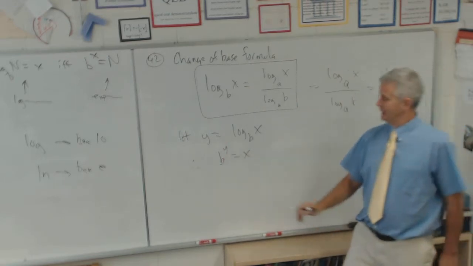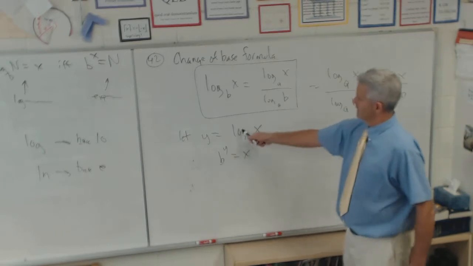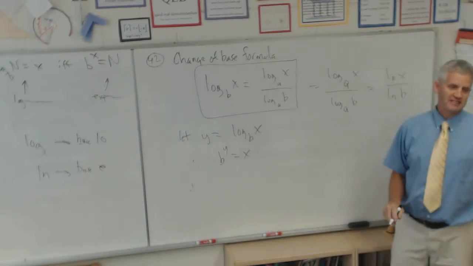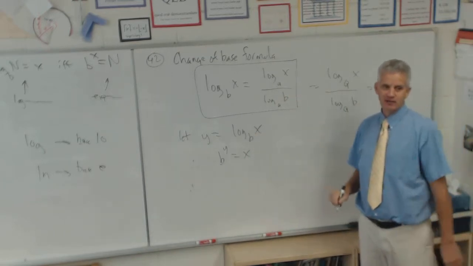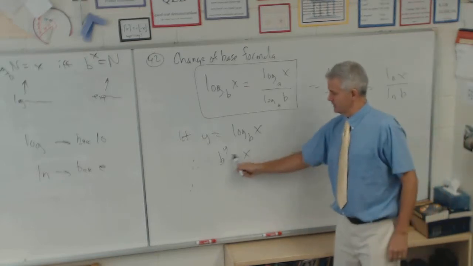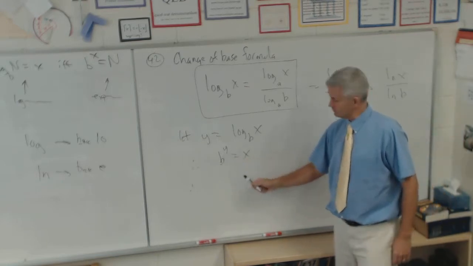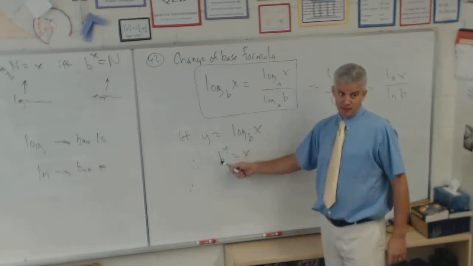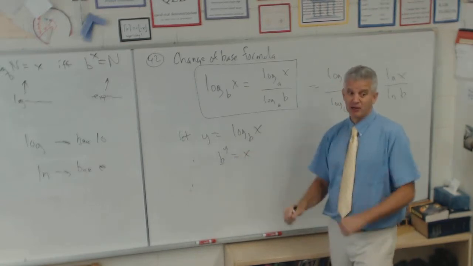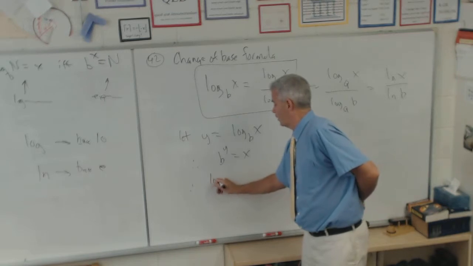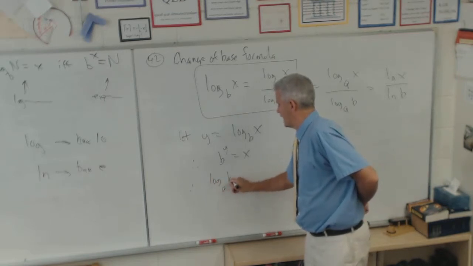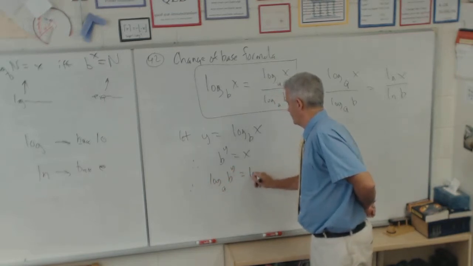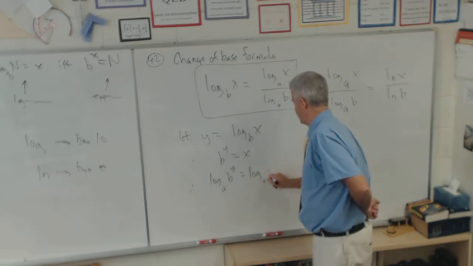Now, instead of log base b, we want to go to log base a. So let's take the log base a of both sides. If these two things are the same, and b to the y is a positive number, so we can take the log of it. Therefore, the log base a of b to the y is the log base a of x.